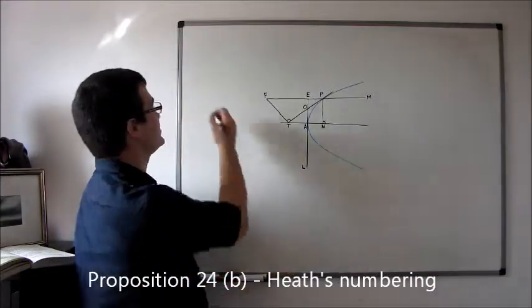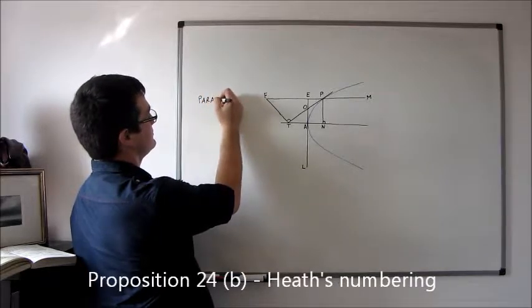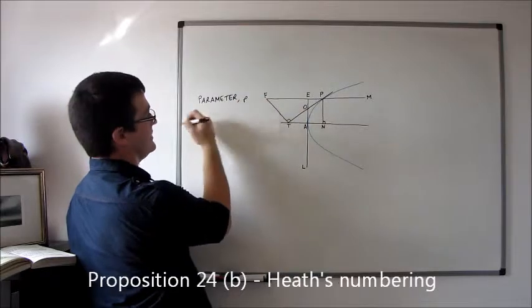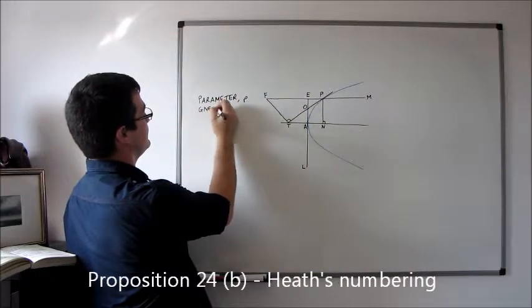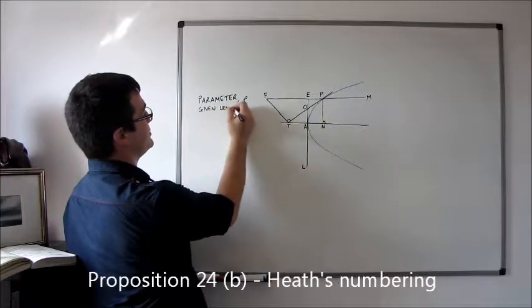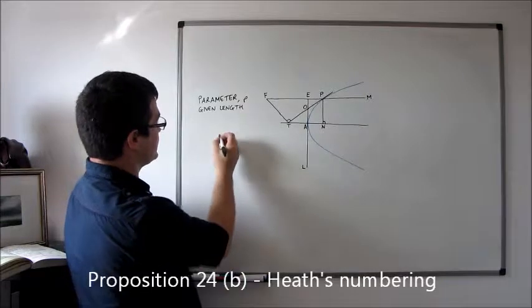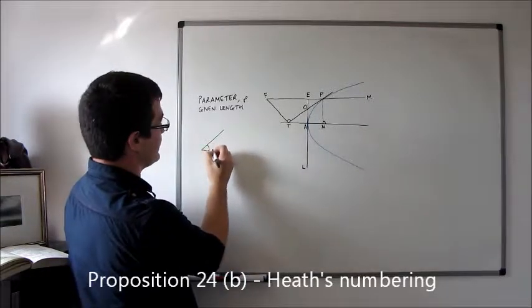So the given information is the parameter, P, so just as before, this is a given length, or given magnitude, and we're also given the angle theta.